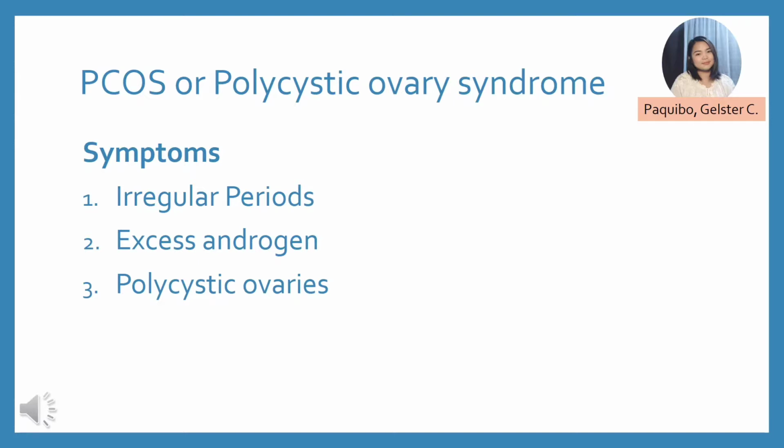Elevated levels of male hormones may result in physical signs such as excess facial and body hair, or hirsutism, and occasionally severe acne and male pattern baldness. Next is polycystic ovaries. Your ovaries might be enlarged and contain follicles that surround the eggs. As a result, the ovaries might fail to function regularly.